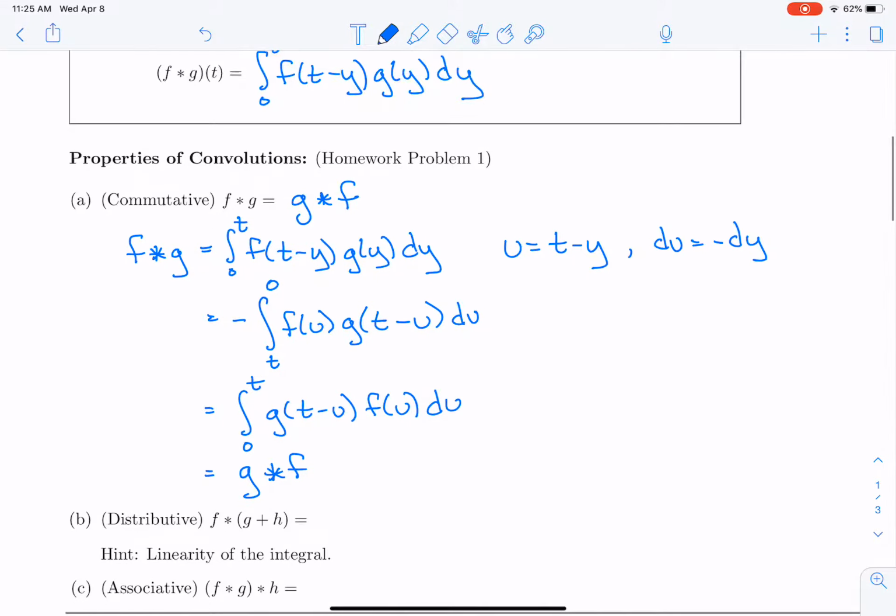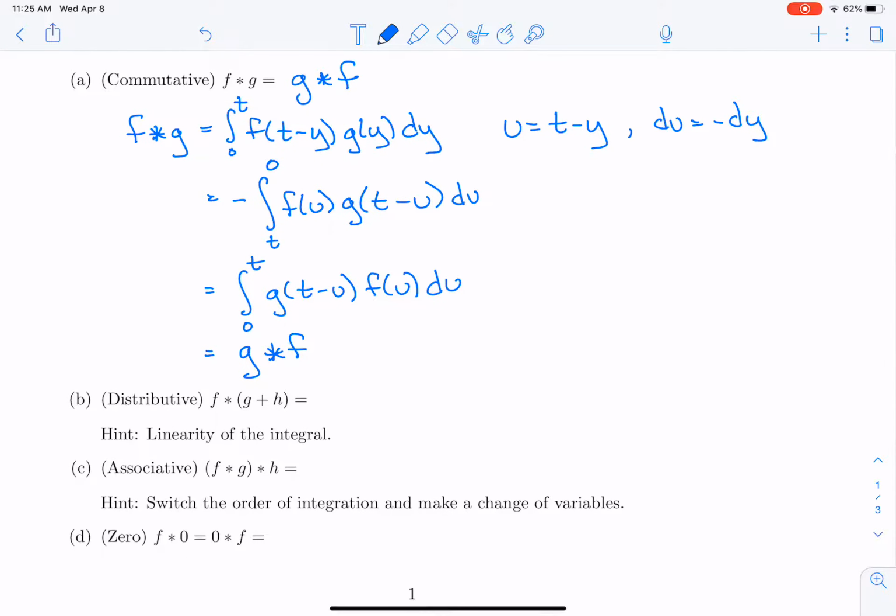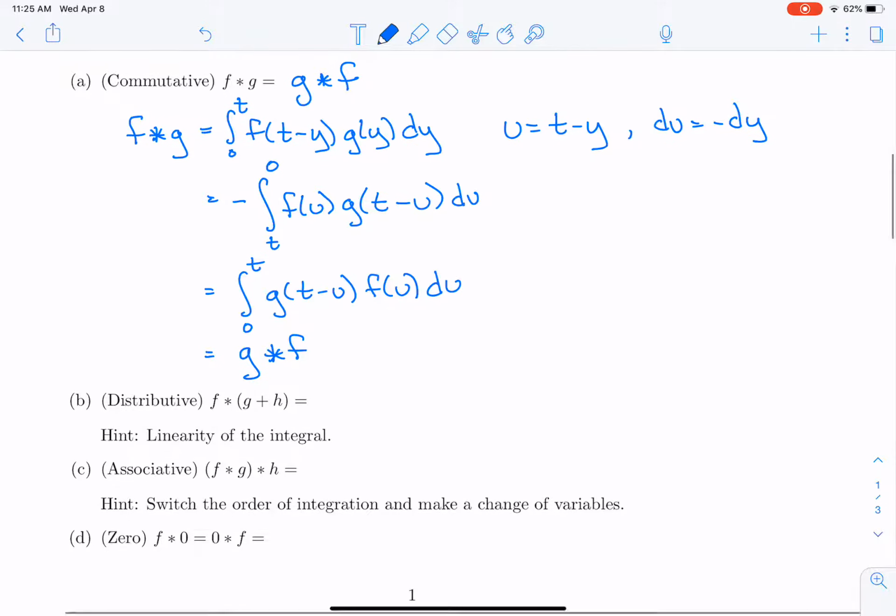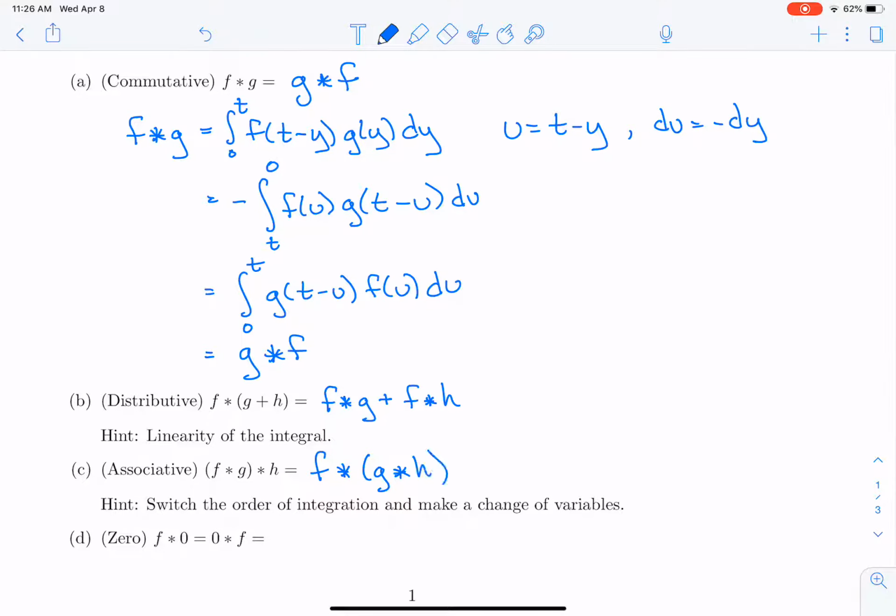Now, there are some other properties, just like multiplication, that this convolution holds. F star g plus h is the same thing as f star g plus f star h. So we can distribute the convolution. We also have associativity. F star g star h is f star g star h, so I can change which two functions I associate first.